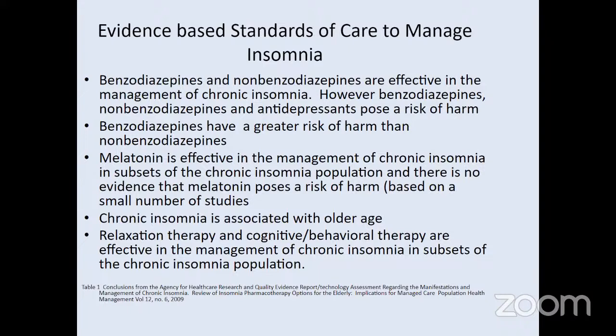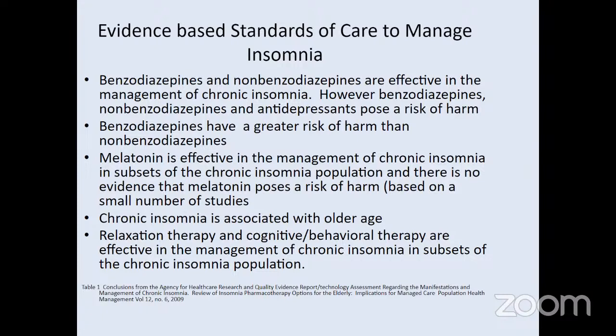So let's move to how to manage insomnia. We will start with evidence-based standards of care. Benzodiazepines and non-benzodiazepines are effective in the management of chronic insomnia. However, benzodiazepines, non-benzodiazepines and antidepressants pose a risk of harm, especially the benzodiazepines, because as we said earlier, according to the Beers criteria, these are medications that should be avoided in the elderly population.